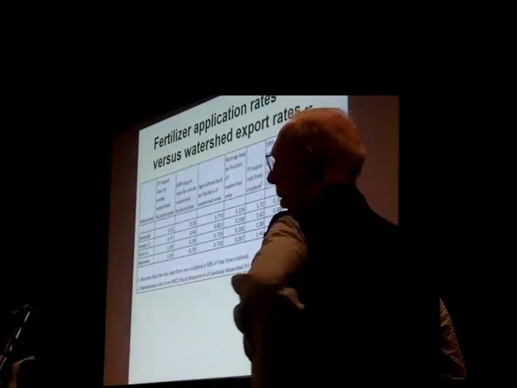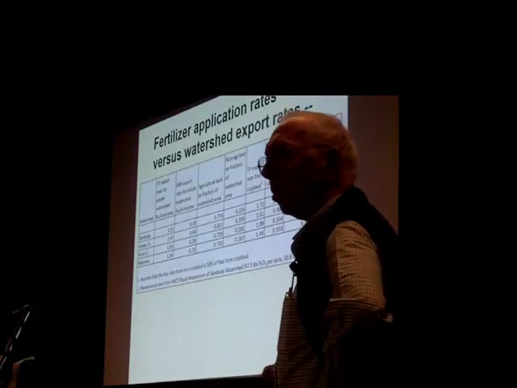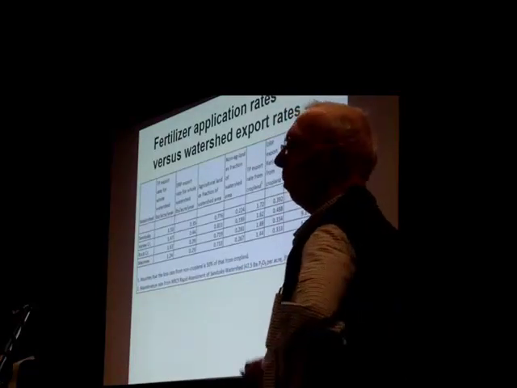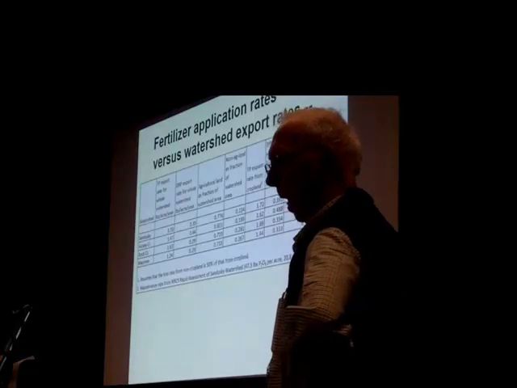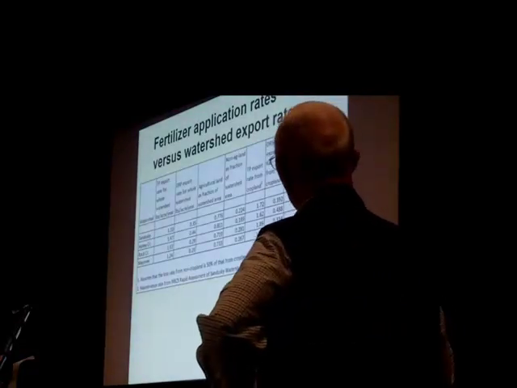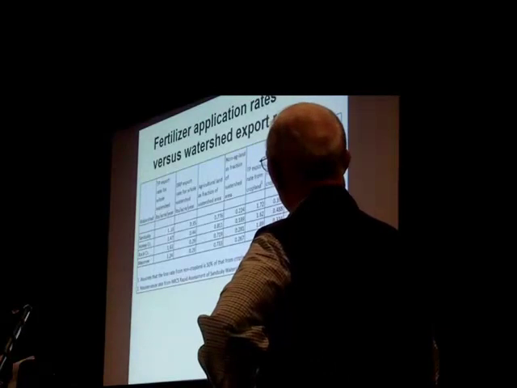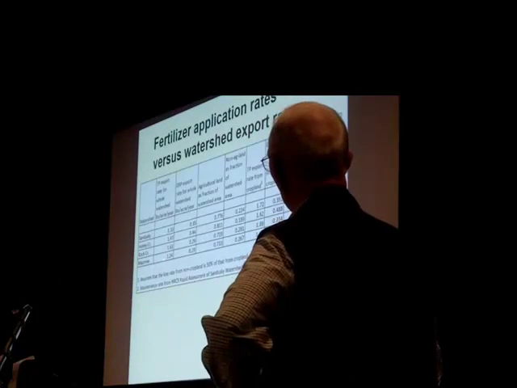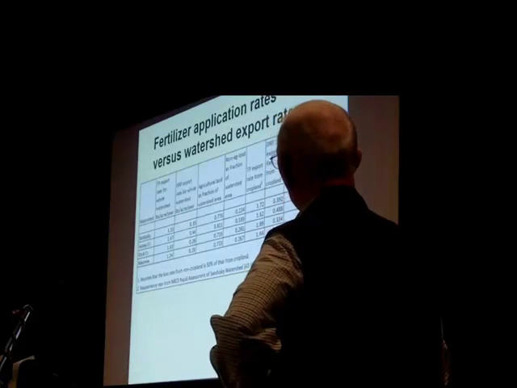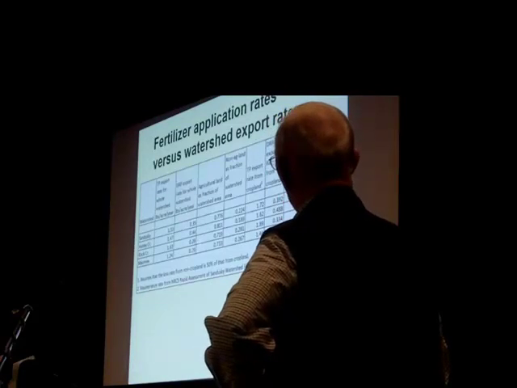Well, the problem is you people are amazingly efficient in the use of the fertilizer that you're applying. What do I mean when I say that? Well, we can calculate the pounds per acre per year of total phosphorus and dissolved reactive phosphorus that are coming out of these watersheds.